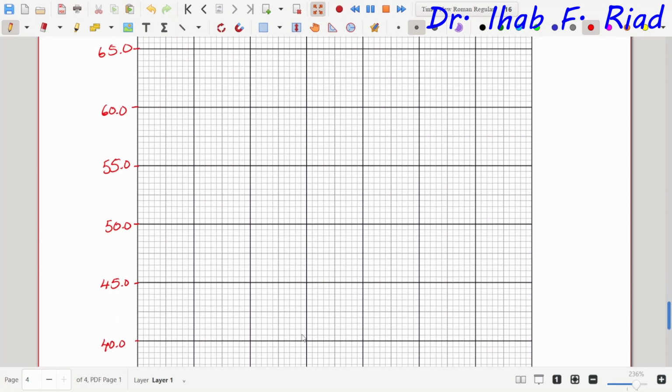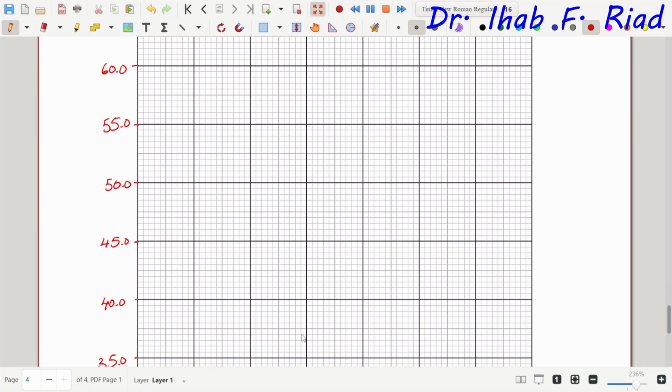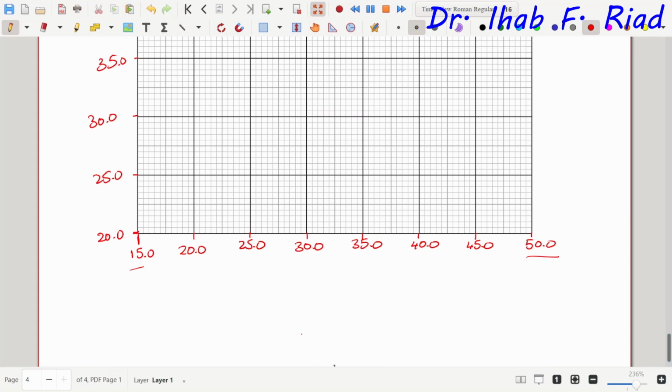Okay, let us label the axis. On the x-axis, the label is 1 over r times 10 to the power minus 3 ohms minus 1. On the y-axis, it is L centimeters. Remember this multiplication, because it is very important when you are calculating the intercept and the gradient.